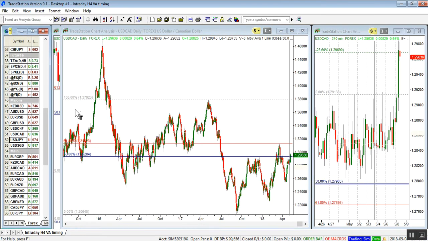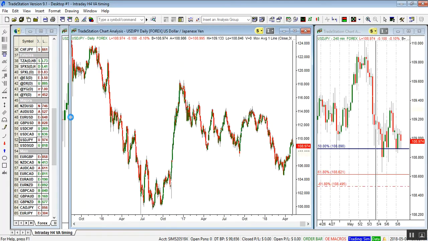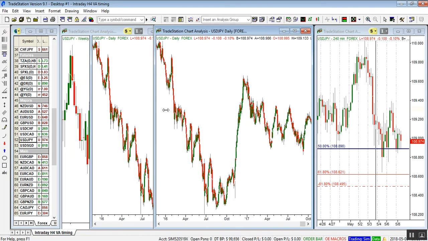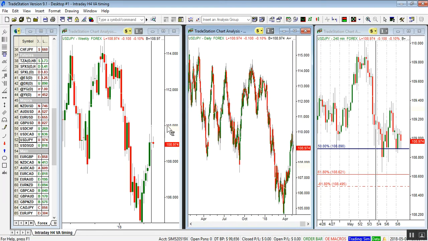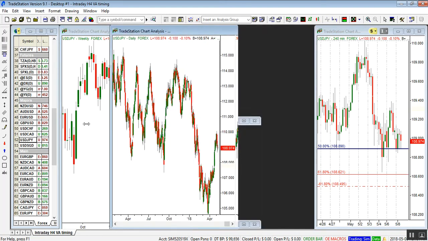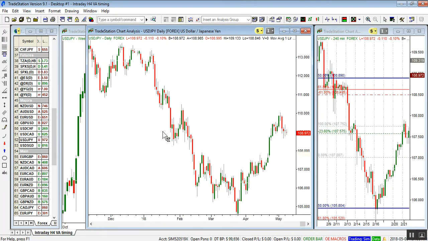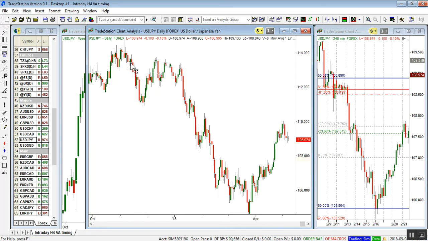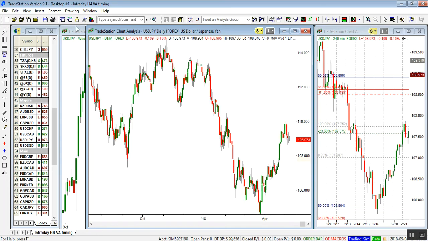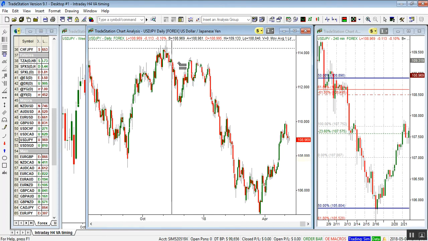Let's see US dollar Japanese yen, and then a few other pairs here to see what's going on. US dollar Japanese yen is the weaker of the pack here, and this market has been trading below the recent 50% here, highs to lows.